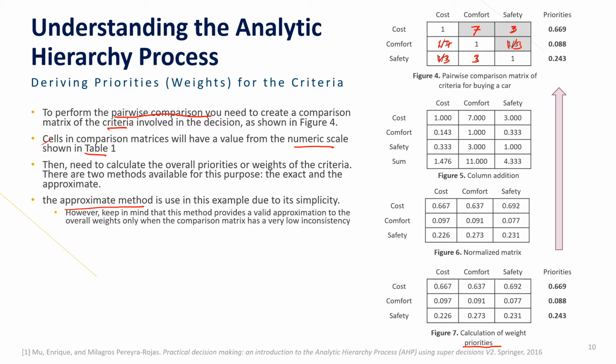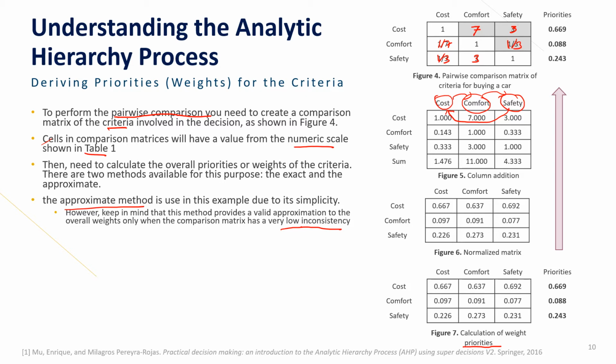We talked about inconsistency earlier, and now you can see an example of inconsistency. Let's say, in a different case, you say that cost is more important than comfort, and you say that comfort is more important than safety. Later on, you cannot say that safety is more important than cost, because this doesn't make sense; it isn't consistent.